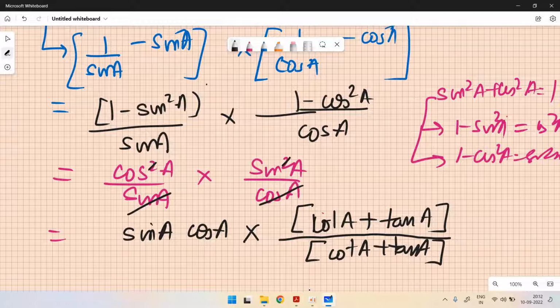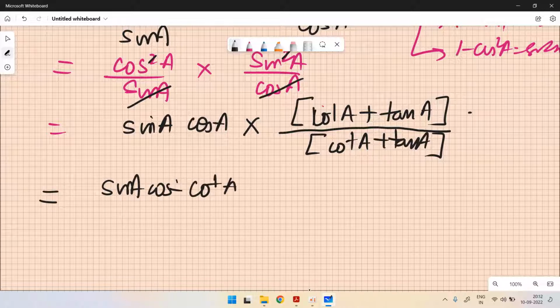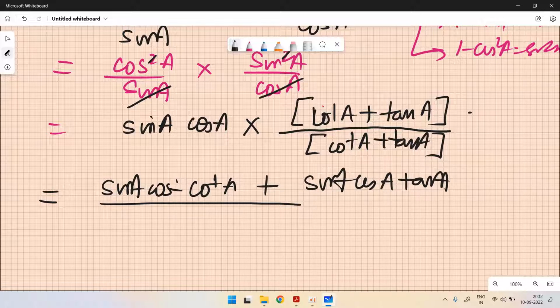You don't need to see the future, you just need to get to the answer. If you take the numerator and multiply, this is sine A into cos A into cot A plus sine A into cos A into tan A, by cot A plus tan A.